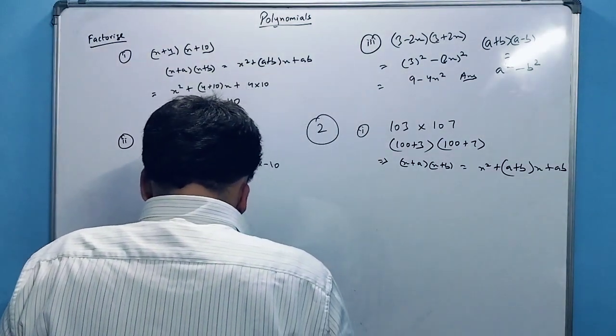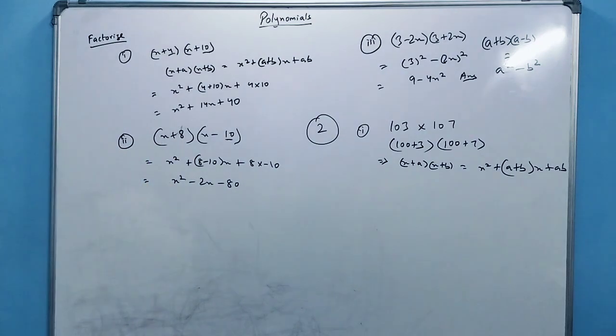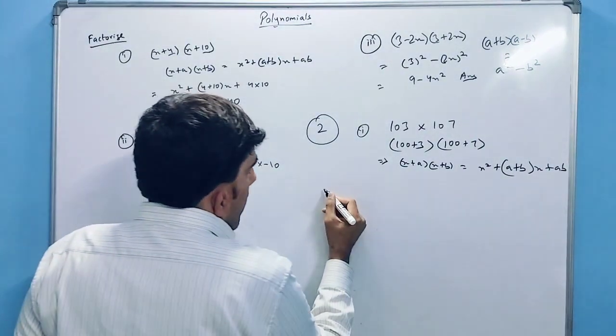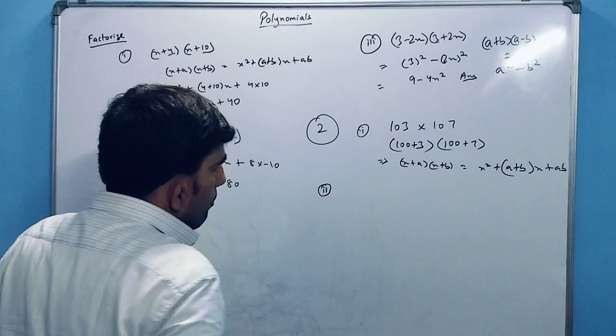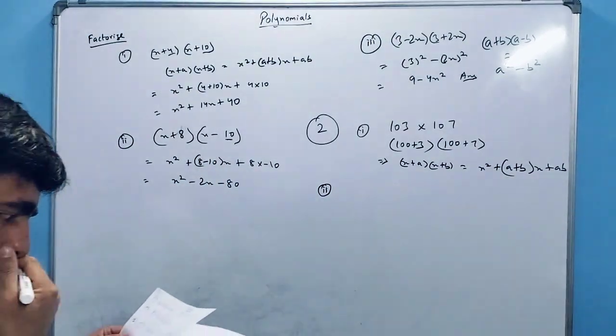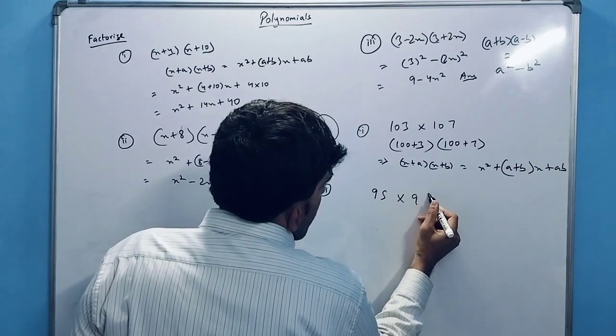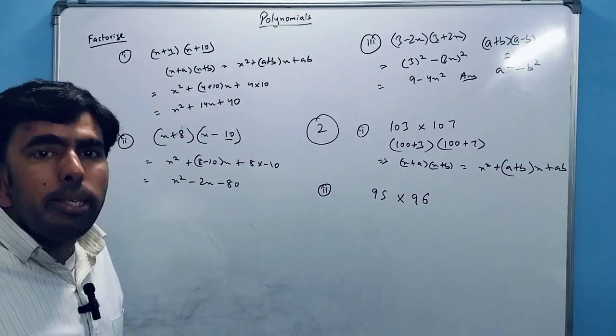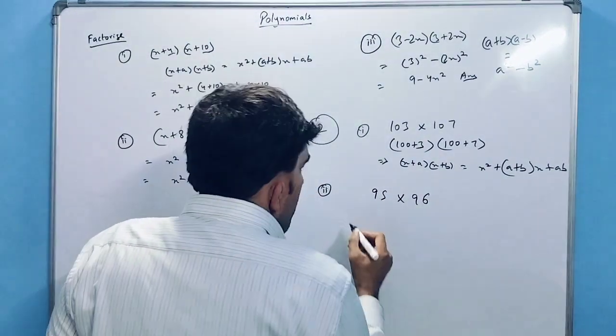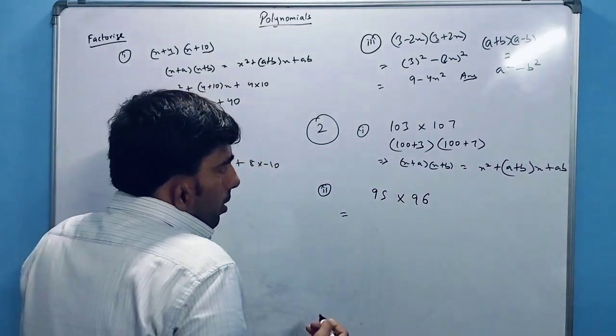Now we'll sort it out. The next one, second numerical. Now the second numerical I have is similar, 95 into 96. We need to evaluate. So how will we evaluate?